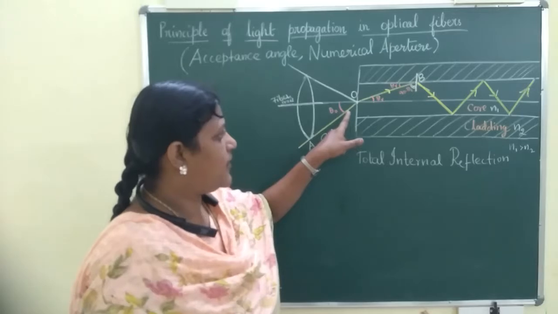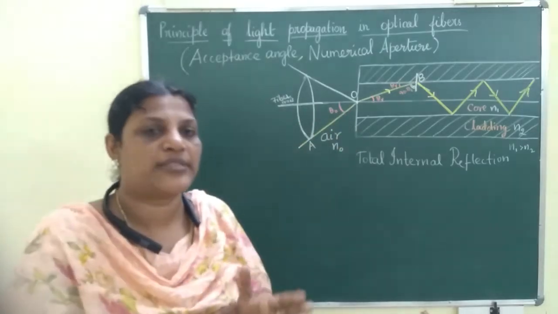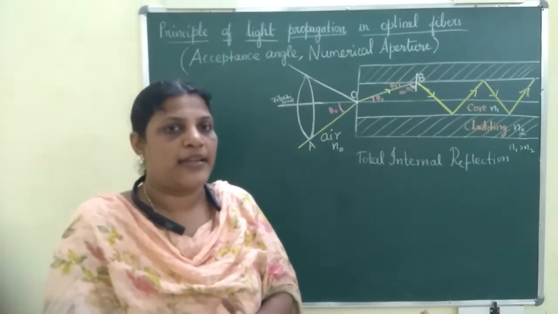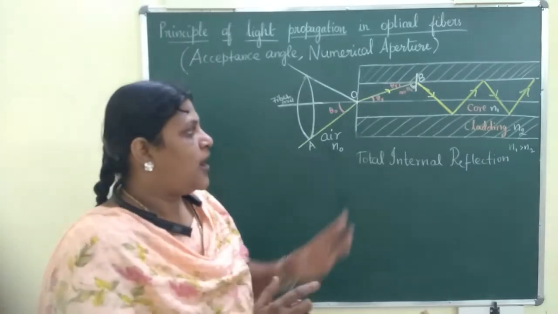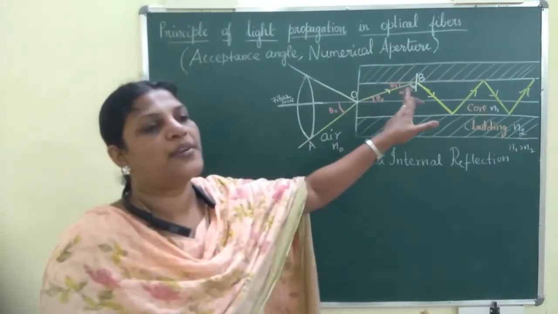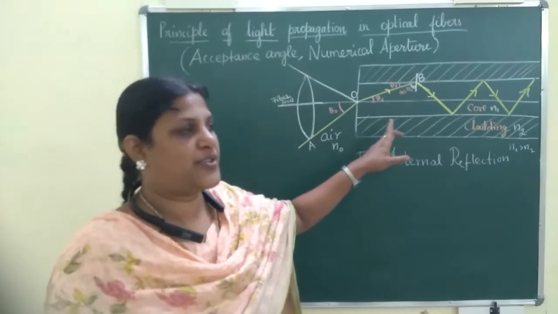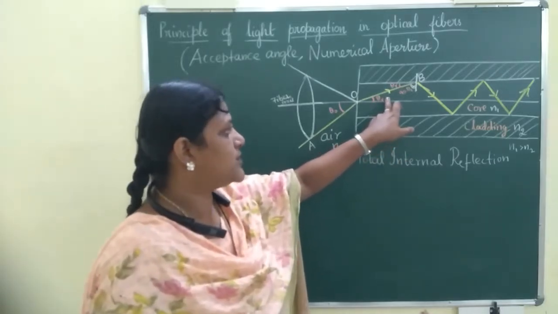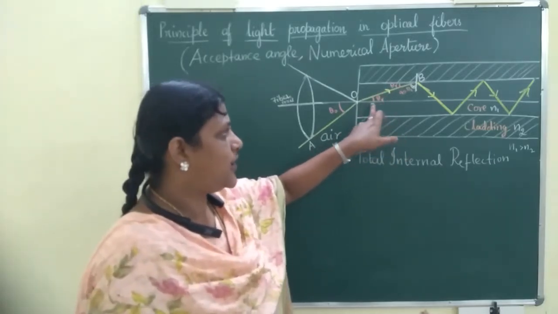So when a light ray encounters a different medium or denser medium, it suffers a phenomenon called as refraction. So this angle is called as refracting angle, theta r.